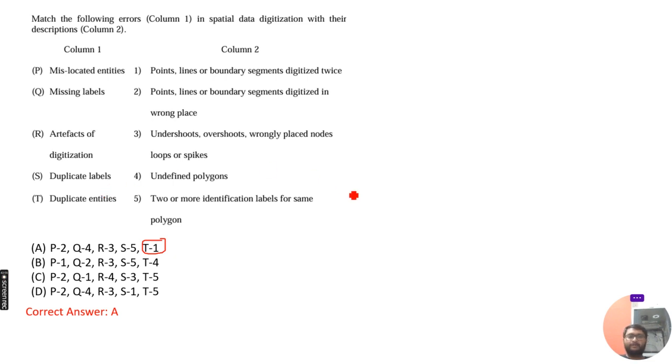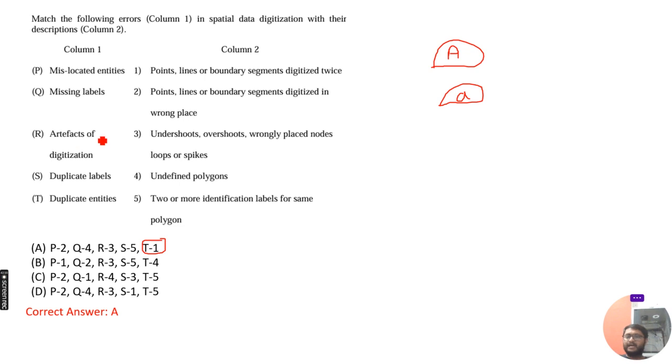Because in general, when you do digitization, you will digitize the first feature and give it a name, let's say name A, and then you will digitize the same feature again, not knowing that you have already digitized it, and give it the name A. So generally, in real life, these two errors will happen simultaneously most of the time.